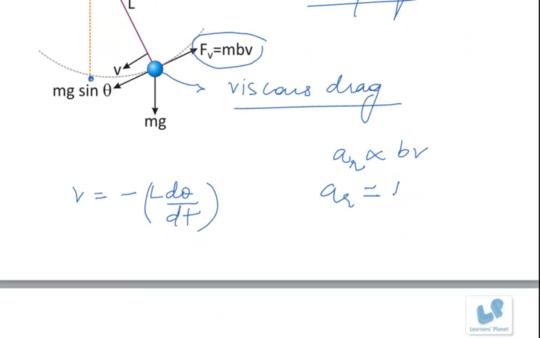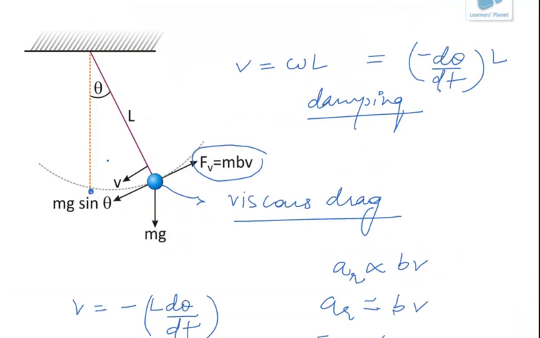So the viscous force will be given by mass into acceleration, that is mbv. Now we know that this force is acting against the motion. If velocity is in this direction, the viscous force would be in the opposite direction, and the component of weight, mg sin theta, is in this direction. So mg sin theta is trying to restore the bob to its original position, and viscous drag is opposing that motion in this particular diagram.